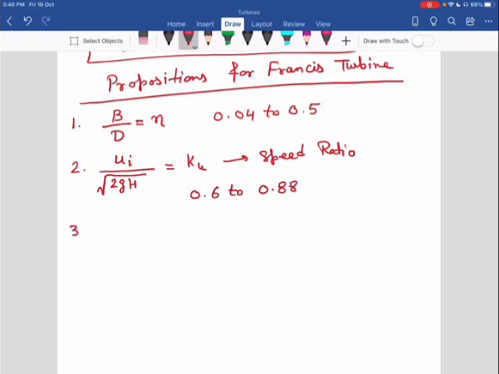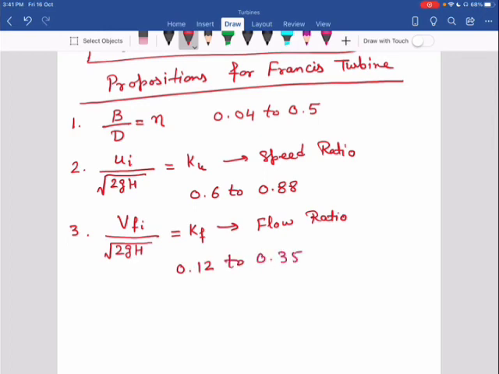Then next is the ratio of flow component of velocity at inlet to the quantity under root of 2gh. So I write it as kf, and this is called flow ratio. And its value for Francis turbine lies between 0.12 to 0.35.